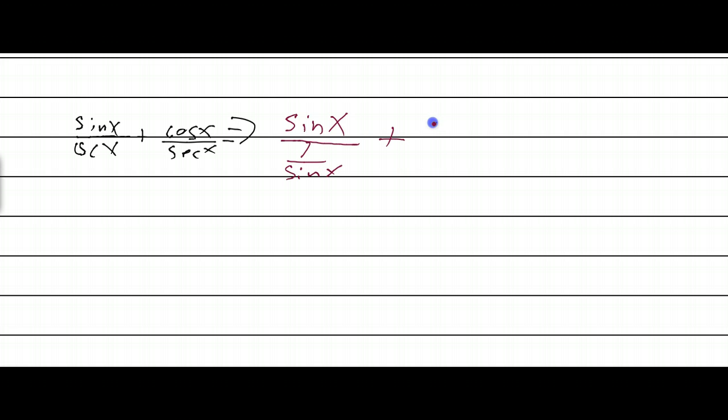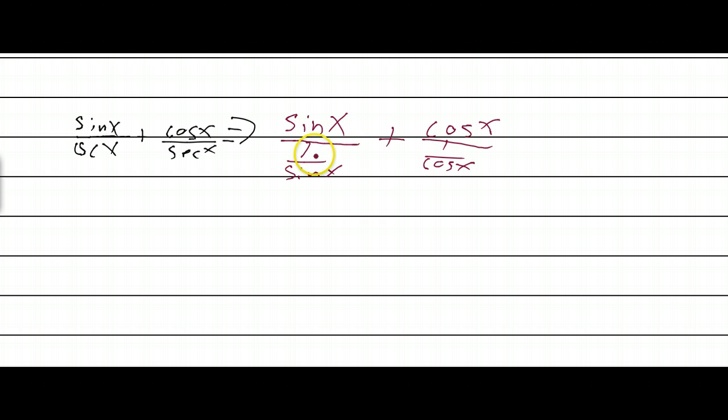Alright, so next up we have sine of x over cosecant of x plus cosine of x over secant of x. We need to rewrite this. Cosecant is 1 over sine of x, and secant is 1 over cosine of x.